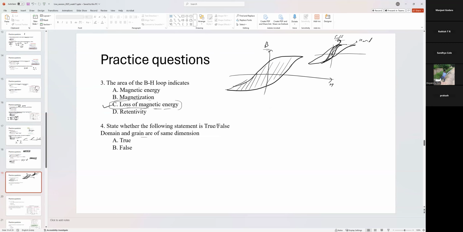State whether the following statement is true or false. Domain and grain are of the same dimension. This is not true because if this is your grain size, you can have multiple domains where the induced magnetic domains are pointing in different directions. This is false.